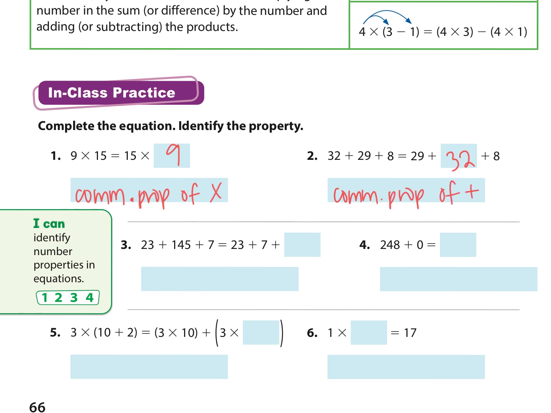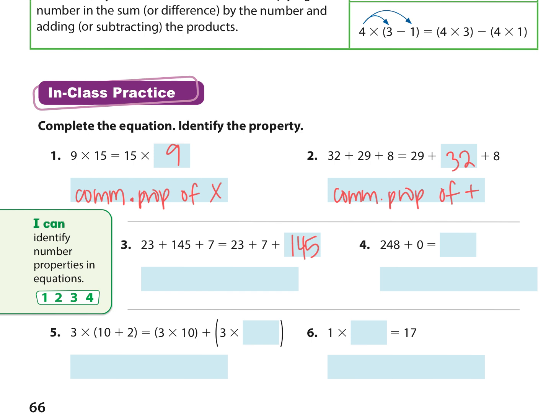Okay, number 3. Y'all try this one. Number 3. What would my missing number be? What would the property be? What's your missing number, guys? 145.